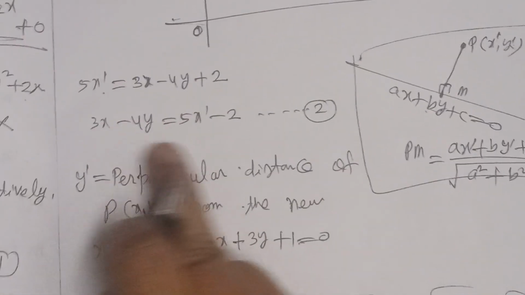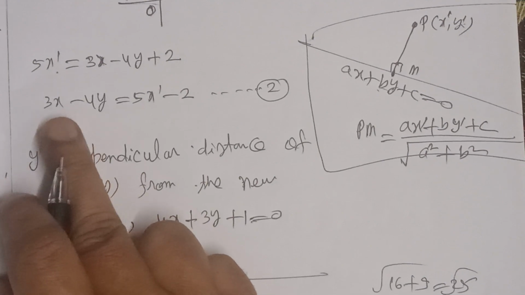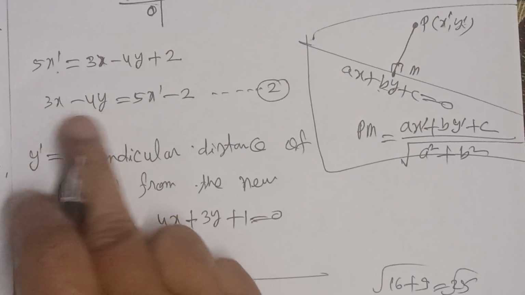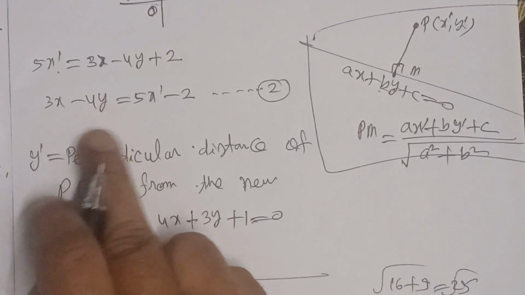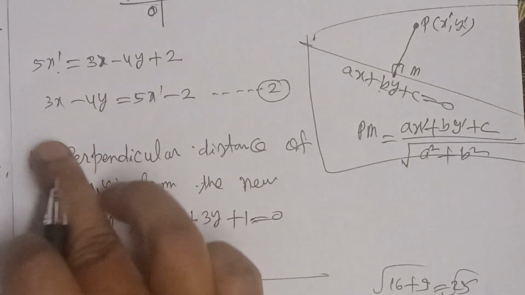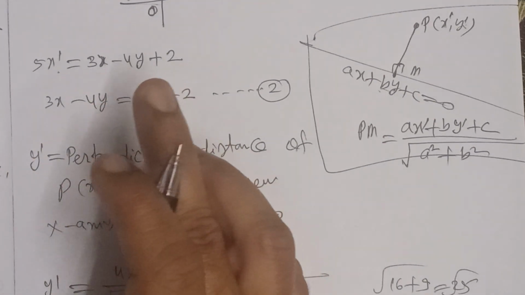We have to find an equation in x and y, which are two unknowns. So we have to find another equation in x, y so that we get the value of the unknowns x, y in terms of x dash, y dash.